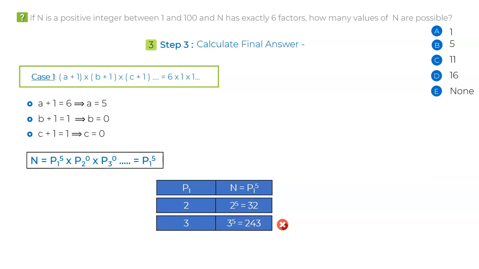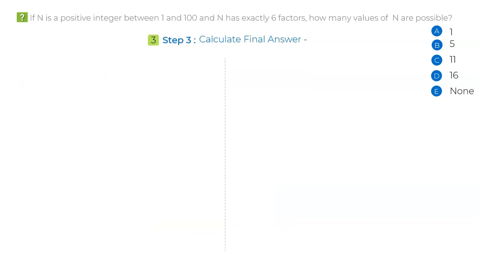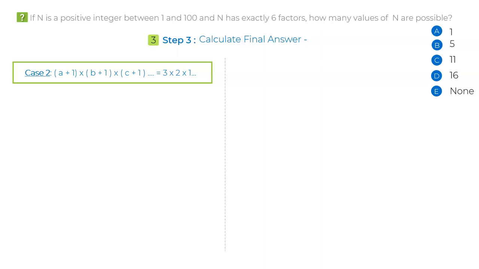Okay, so see, it was very easy for me to find out the answer very quickly. Now the next question you should ask yourself is: is there any other possible way of breaking down 6? You know that 6 is 2 times 3, right? 6 cannot be broken down any further, so I'm sure that there'll be no other case possible.